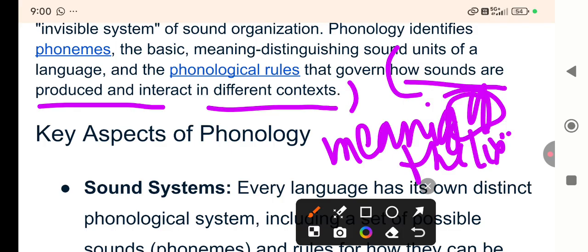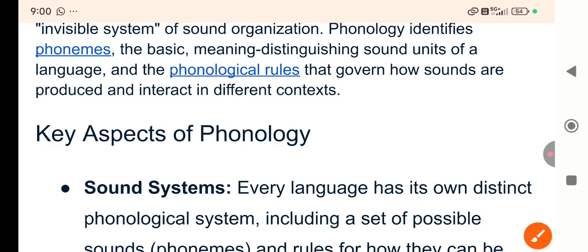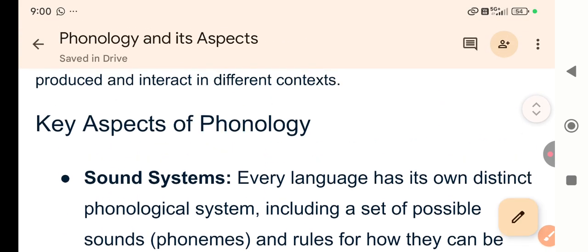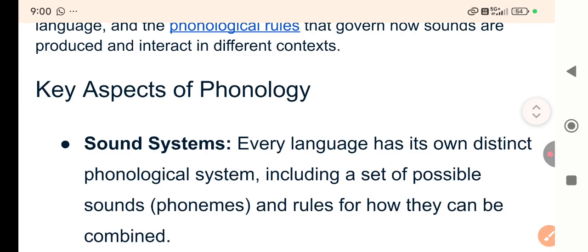'Of' separately and 'meaning of the text', so 'of' becomes 'ov'. This study is called phonology. So what are the key aspects of phonology?